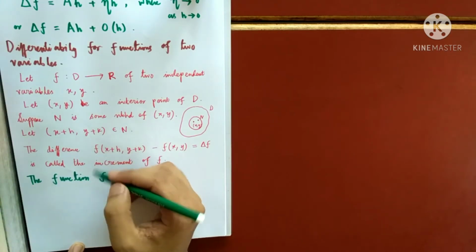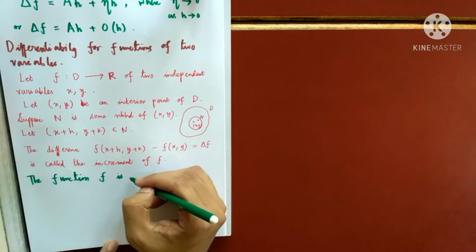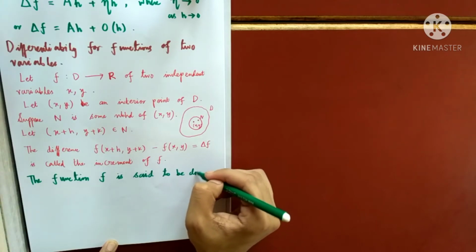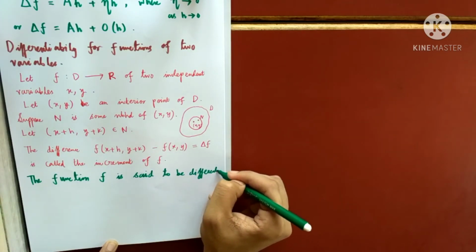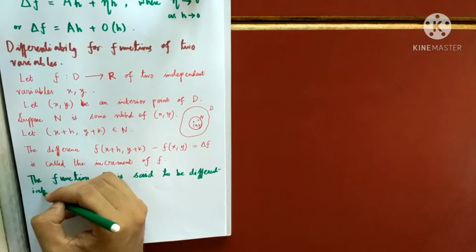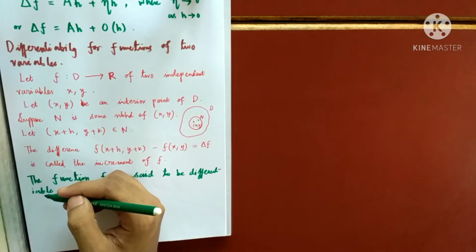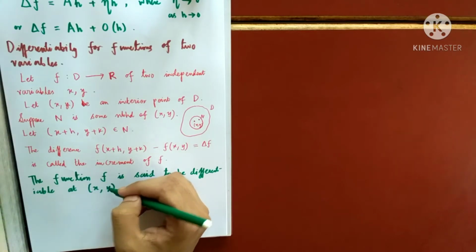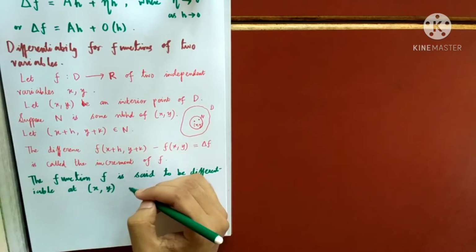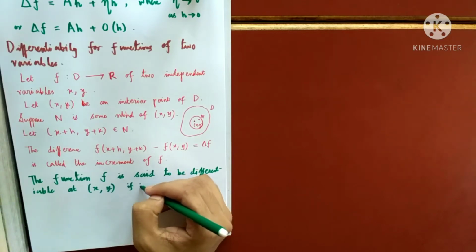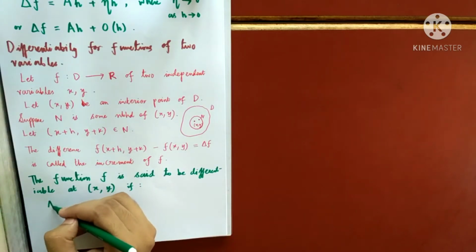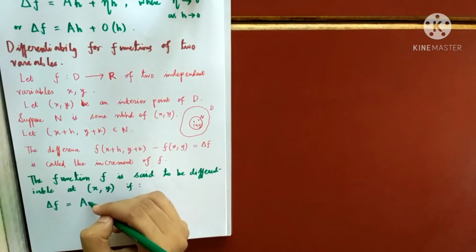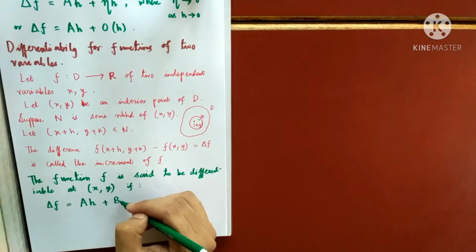The function f is said to be differentiable at the point x comma y if this happens: the increment can be expressed in the form ah plus bk plus eta 1 h plus eta 2 k.